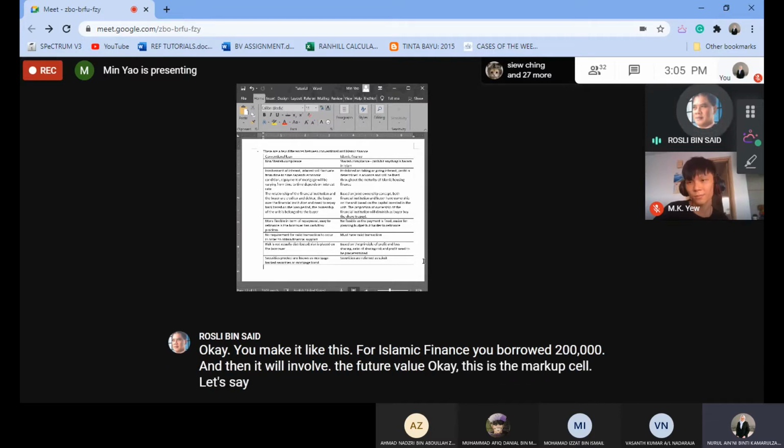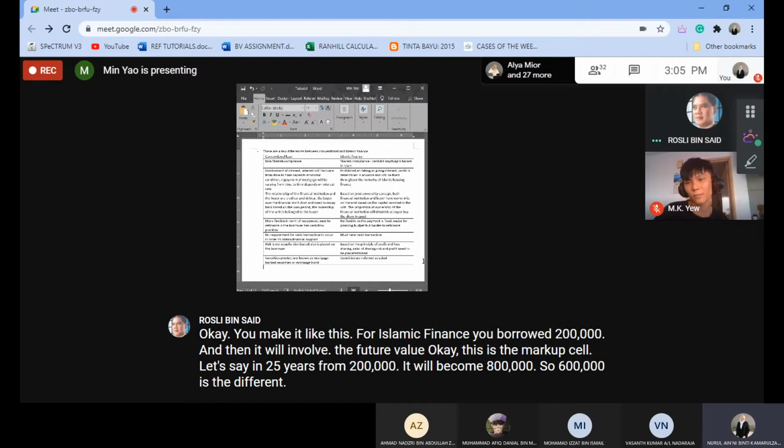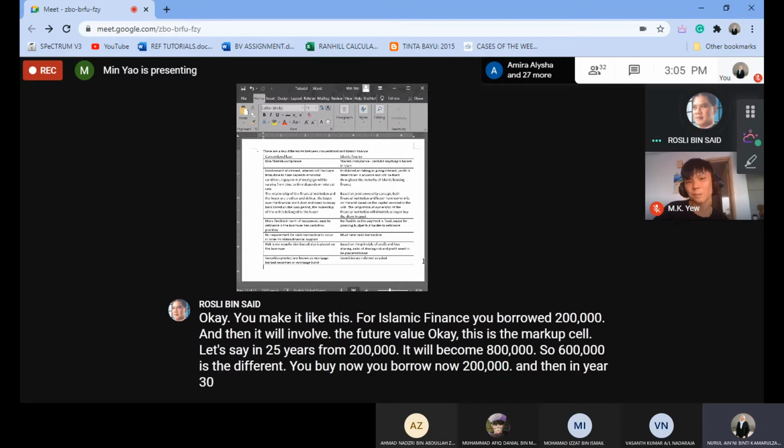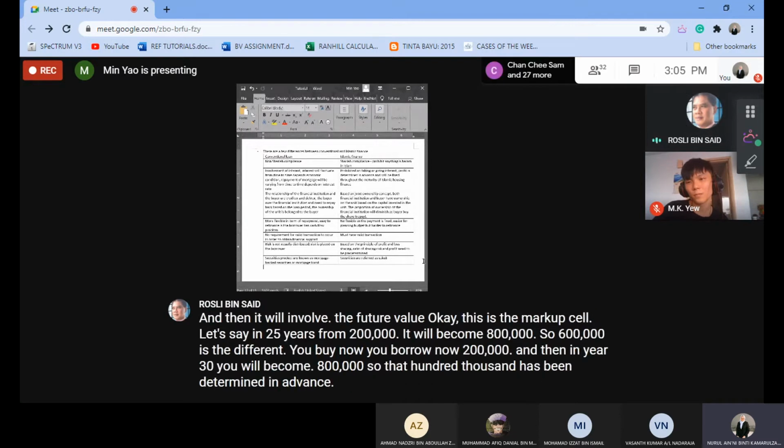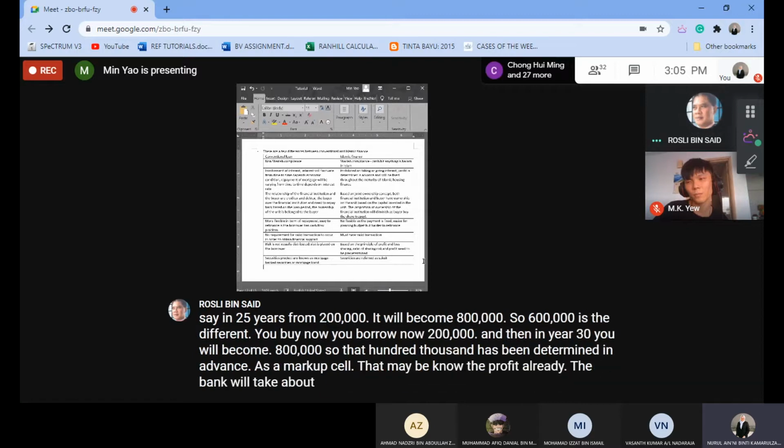Let's say in 25 years, from 200,000, it will become 800,000. So 600,000 is the difference. You borrow now 200,000, and then in year 30, it will become 800,000. So that difference has been determined in advance as a markup sale. That means we know the profit already. The bank will take about 600,000 profit. Clear or not?